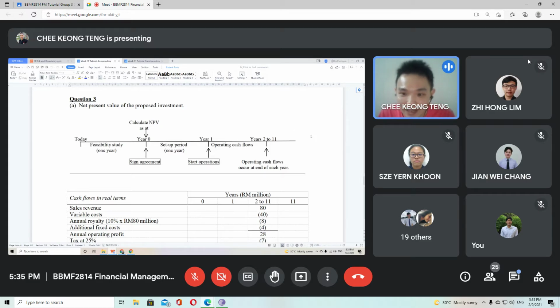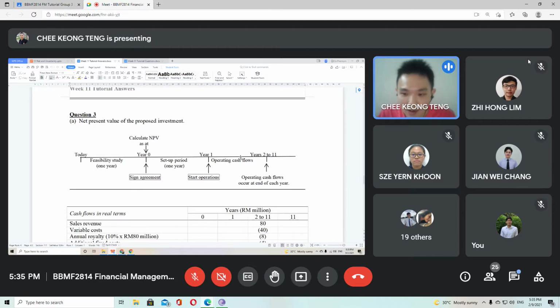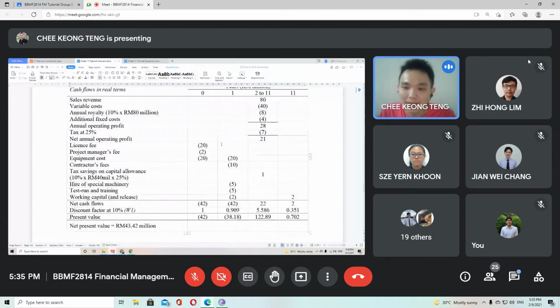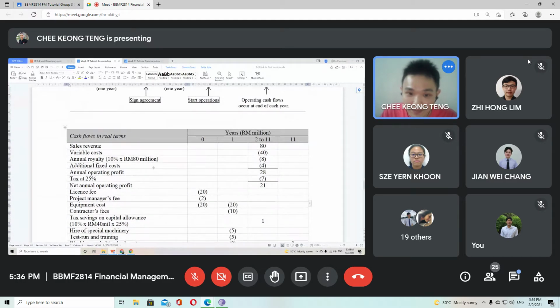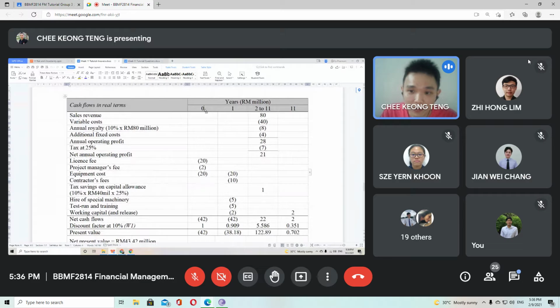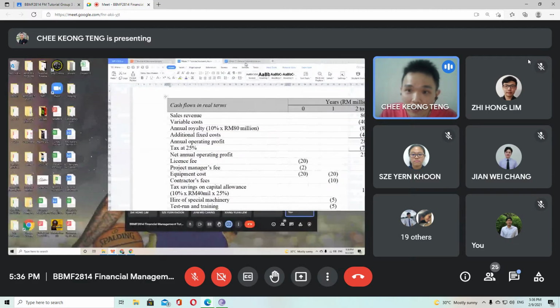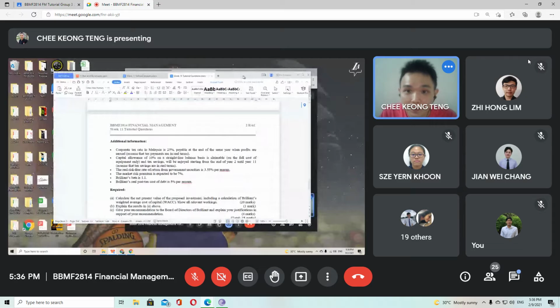All right, the timeline. Right now, like what I said, we are going to find all the relevant cash flows from the question. We talk about year 0 first. From year 0, you see the license fees, you see the project manager fees. All of these will be from here.